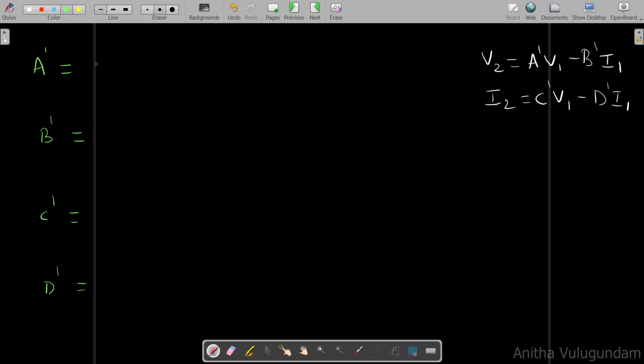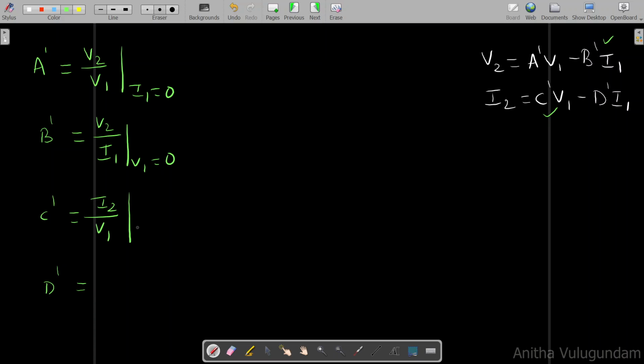From the main equations, I can write A' equal to V2 by V1 when I1 equal to 0, and B' can be written as V2 by I1 when V1 equal to 0, and C' can be written as I2 by V1 when I1 equal to 0, and D' can be written as I2 by I1 when V1 equal to 0. For B' and D', we'll have a minus sign, because in the main equations we have a minus sign.